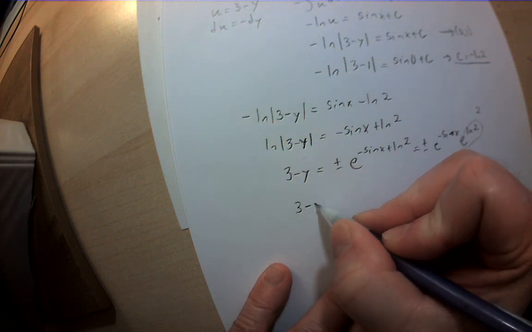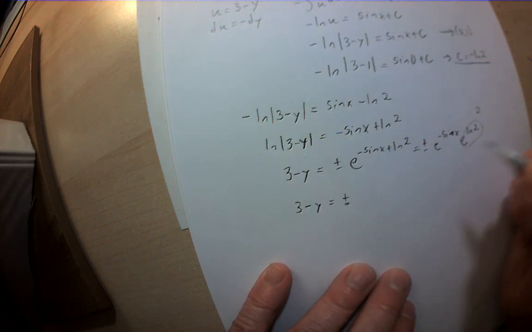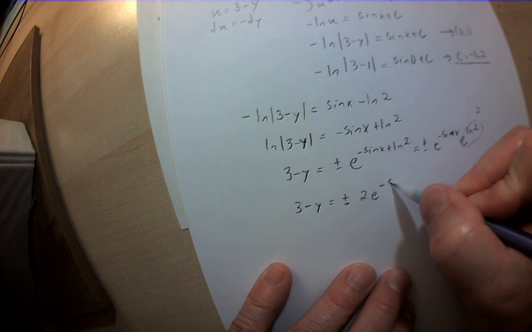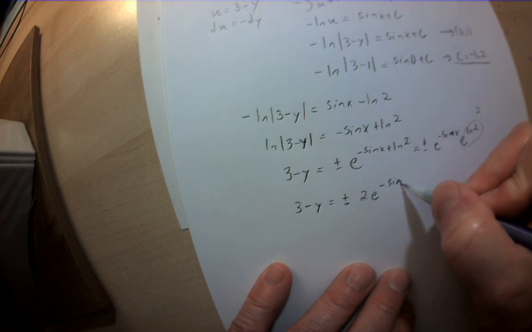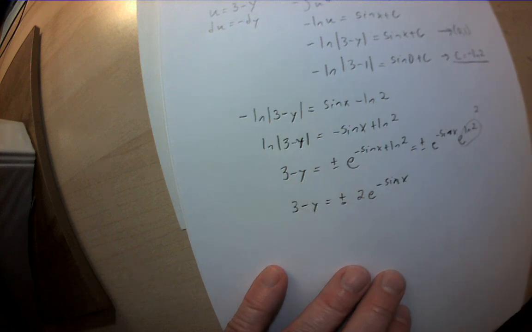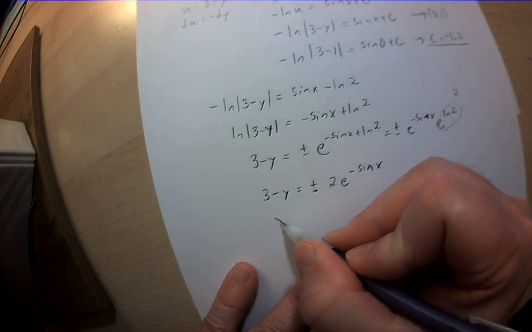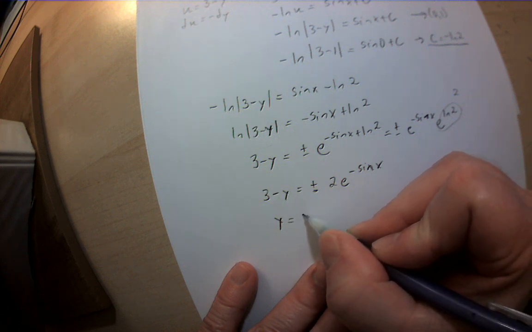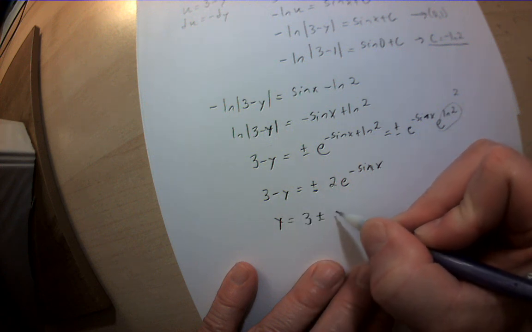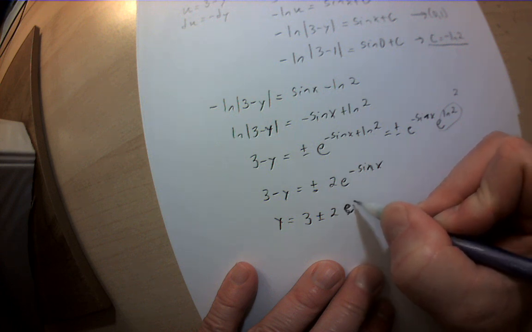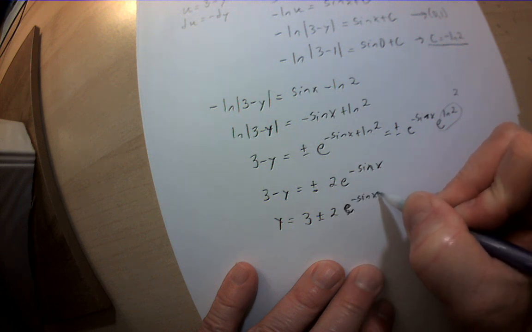So I get 3 minus y equals plus or minus 2 e to the negative sine x. I want to write 6 there. It's a joke. I get y equals 3 plus or minus 2 e to the negative sine x.